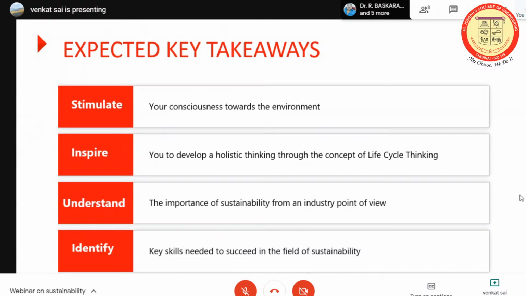Third, in terms of industries, I want you to understand the importance of sustainability from an industry point of view. And finally, with regards to key skills and opportunities, I hope we will be able to identify the key skills that are needed to succeed in the field of sustainability. With that said, I begin the first one.